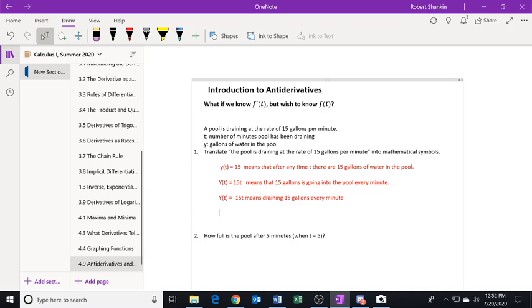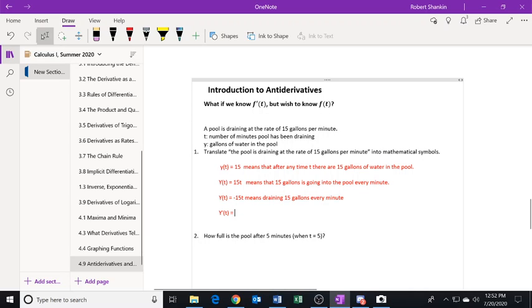problems. If we translate the pool is draining at the rate of 15 gallons per minute into strict mathematical symbols, it's y prime of t equals, because whenever it says rate of change of something, then it's really talking about the derivative.